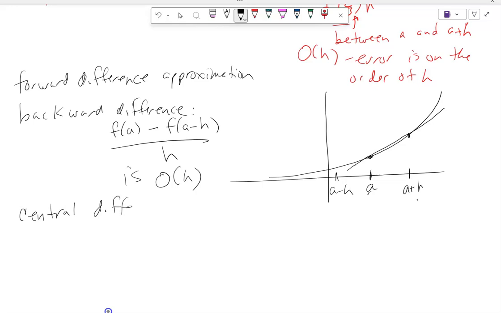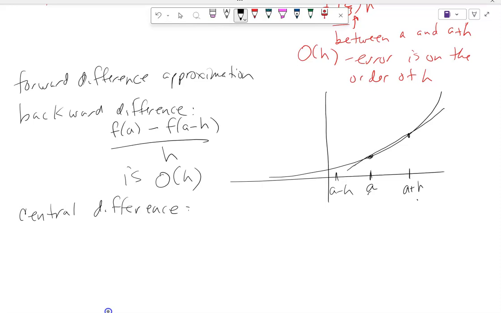Any thoughts about what the central difference might be? Say again? Half? Okay. Yeah, there is a half that pops up. What do you think needs to be in the center? A. If it's going to be the central difference, A probably needs to be in the center. So you're going to go forward and backward at the same time and put A in the center.